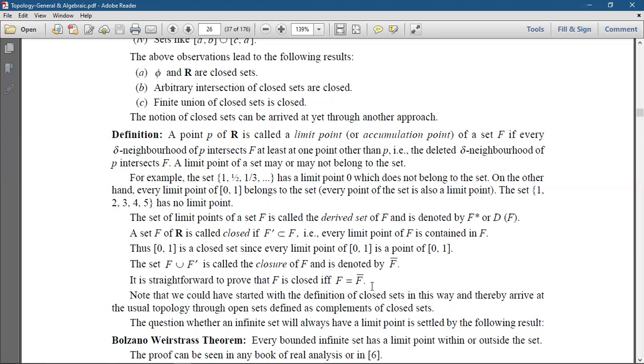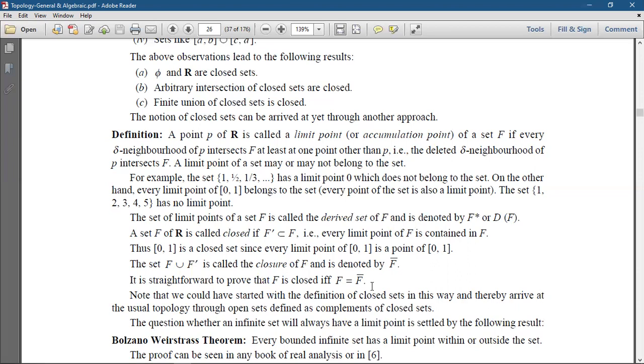As I said in the previous class, if G interior equals G, then G is open. Similarly, if F equals F bar, then F is closed.